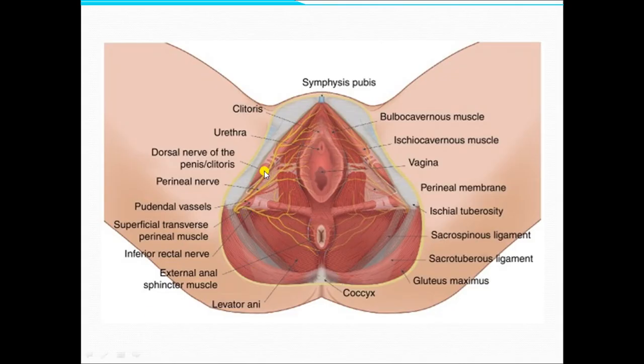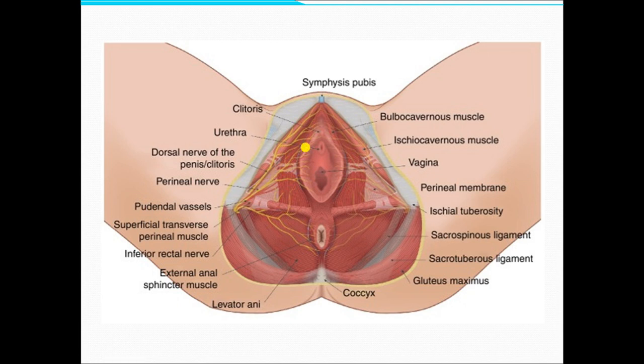Here it divides into superficial branches and deep branches, which pass medially. The deep branches are called muscular branches, and they supply the muscles in the superficial and deep perineal pouch, that is bulbospongiosus, ischiocavernosus, superficial and deep transverse perineal muscles, and sphincter urethrae.